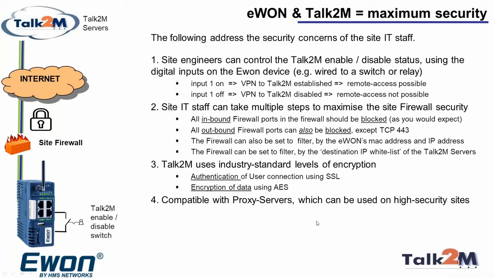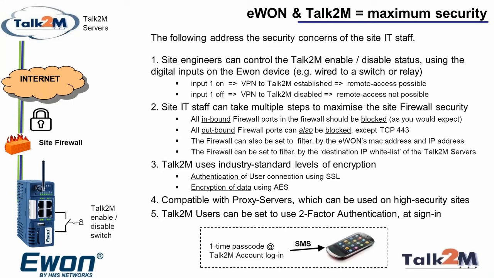Now, once you've actually set all this in motion, the final piece of the jigsaw is that the Talk2M users themselves, the ones that are connecting from the machine manufacturer through to where the machine's been installed, it's a good idea to understand that that is the real user, not someone using that person's credentials to pretend to be an engineer from that machine supplier.